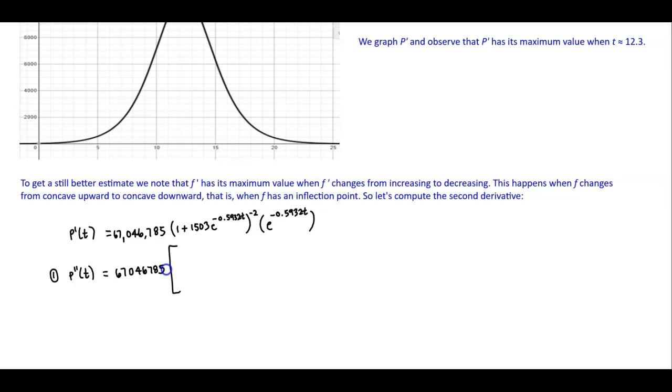So the derivative of (1 plus 1503 e to the negative 0.5932 t) to the negative 2 is now going to become (1 plus 1503 e to the negative 0.5932 t) to the negative third power.